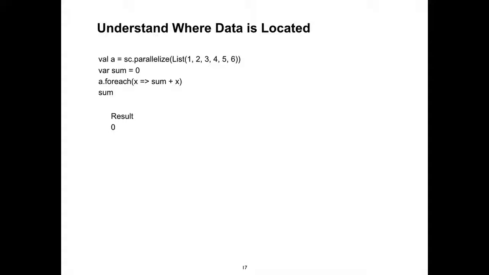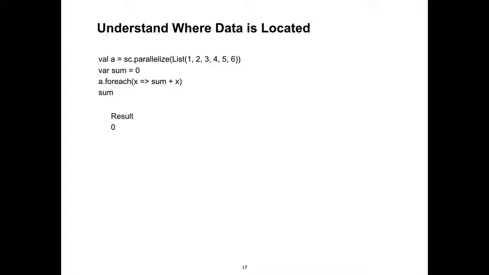Okay, so again, I parallelize this list, right? And so now I have an RDD, and I just want to sum them all up. And then there's a foreach, which iterates through all the elements, right? So I have my sum, and then I just add the values to sum, and then I look at the value of sum, and the value of sum is 0.